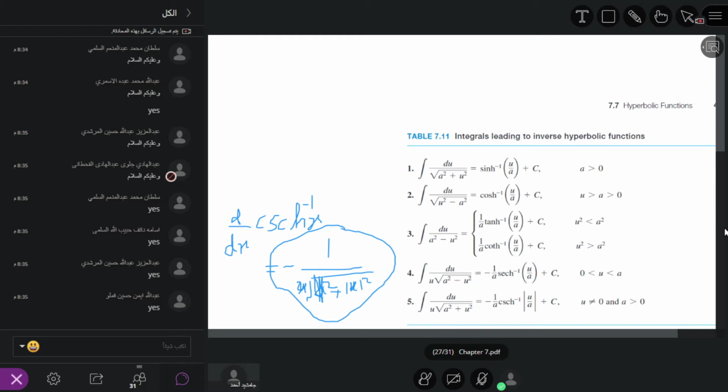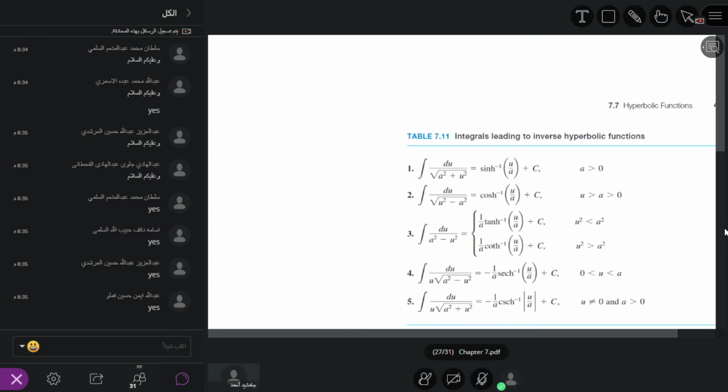I again repeat, the derivative of cosec hyperbolic inverse x is equal to minus 1 over x square root of 1 plus absolute value of x square.